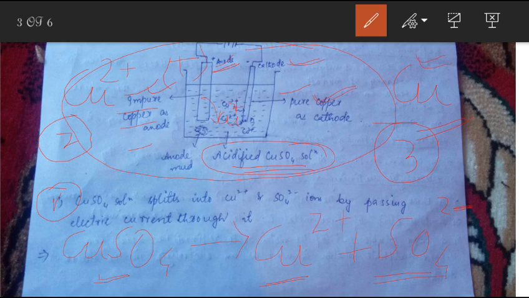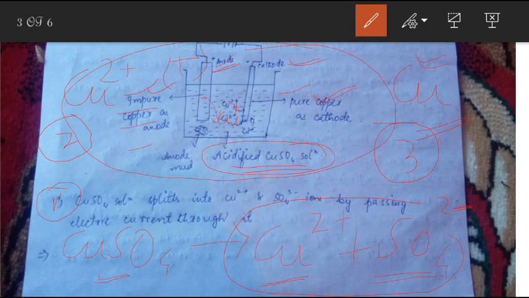With the passage of time, the anode, the positively charged electrode, will become thin. When this copper moves in the solution, in that very solution, as you know, copper sulfate is already split into its ions Cu2+ and SO4 2-.